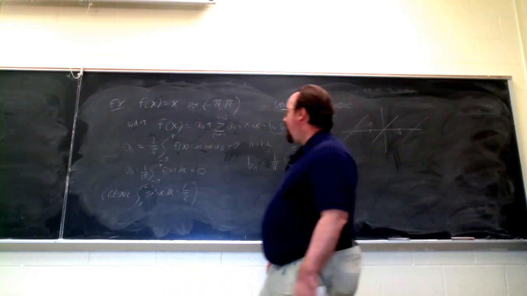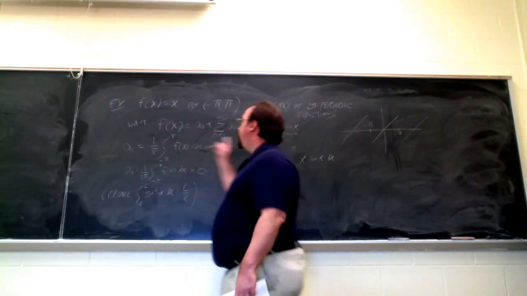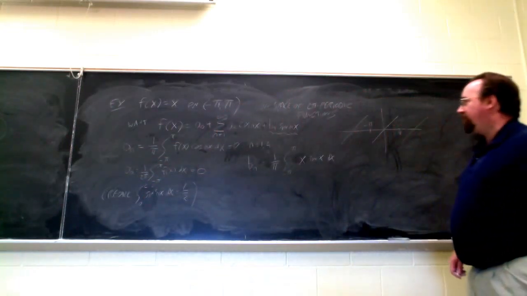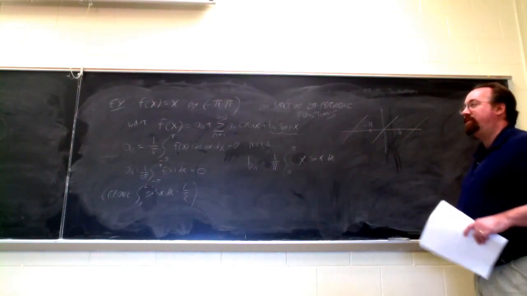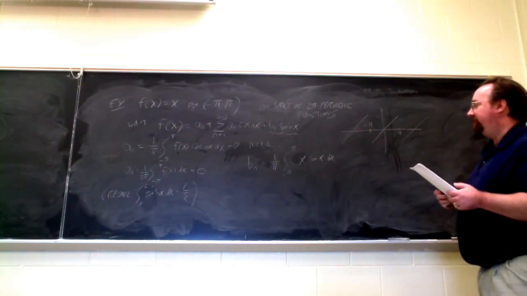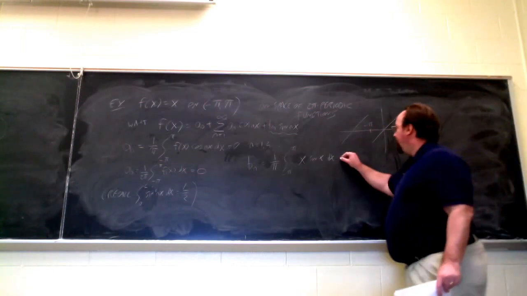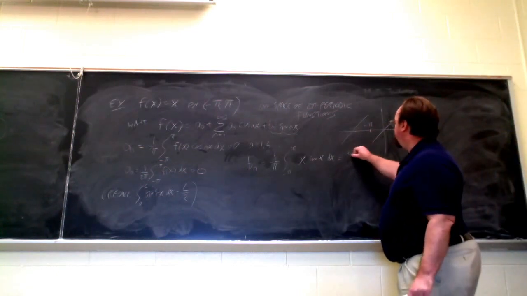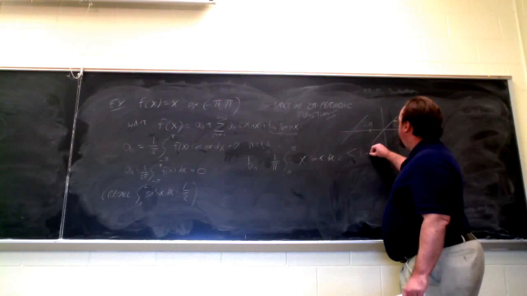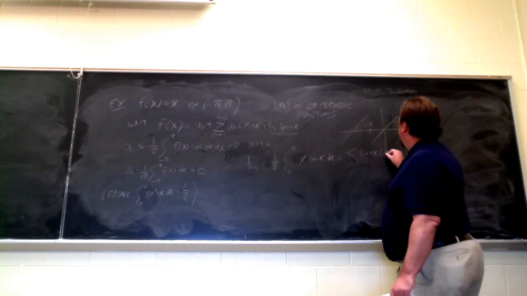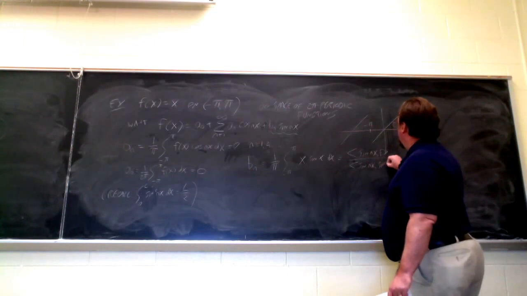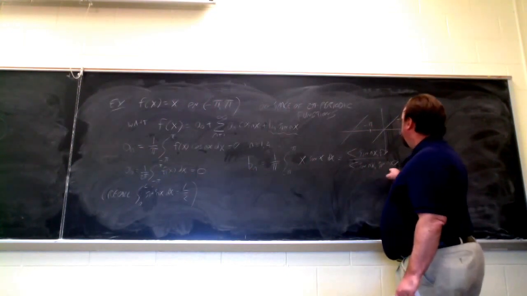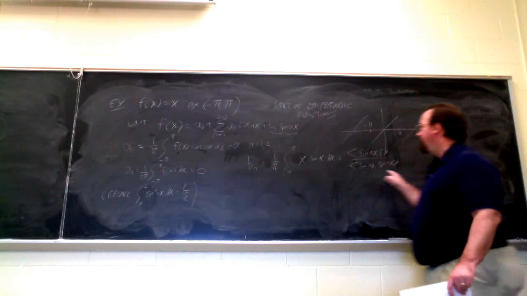So we're dividing by the inner product of each of these functions, cosine nx and sine nx or 1, with themselves. So this is the same as the inner product of sine nx with f over the inner product of sine nx with itself. So this is where these scaling factors are coming from.